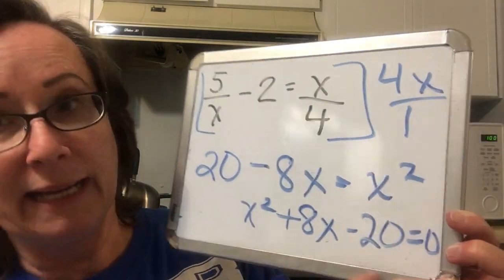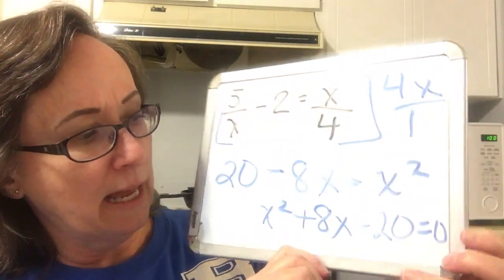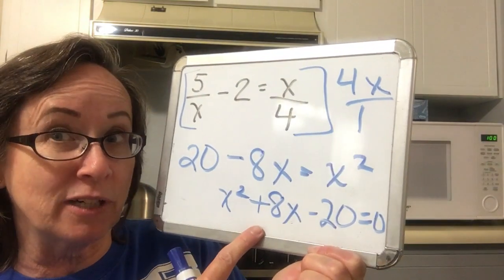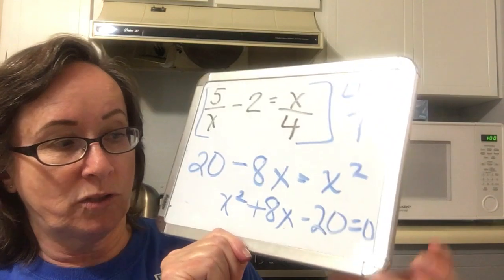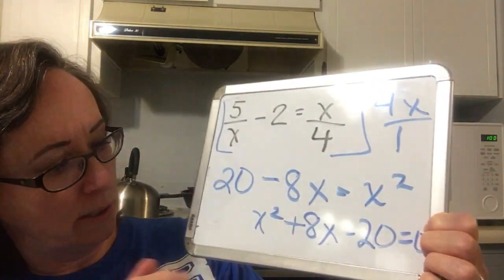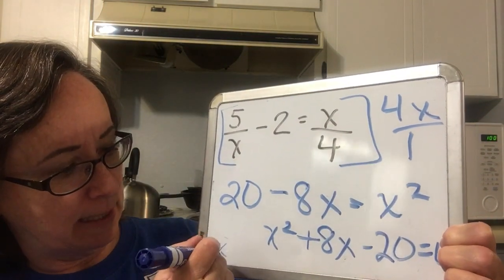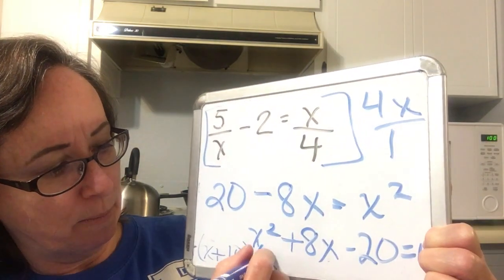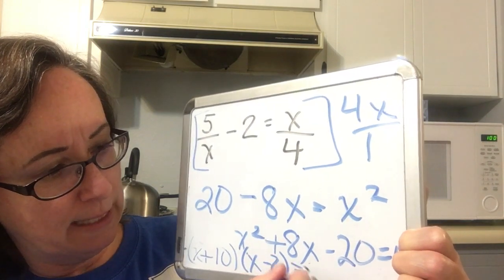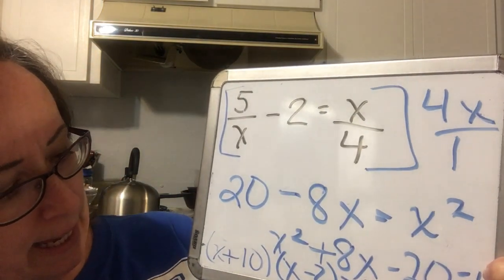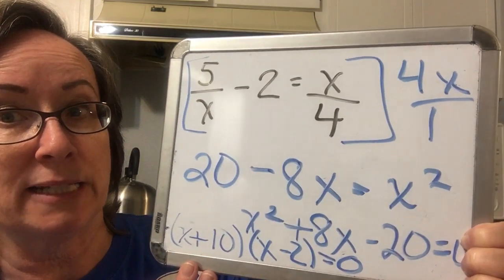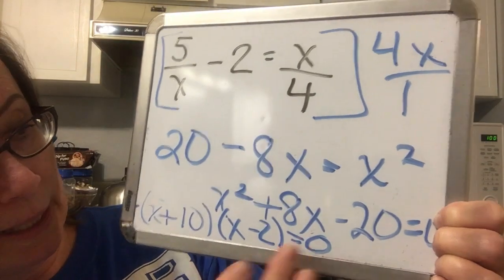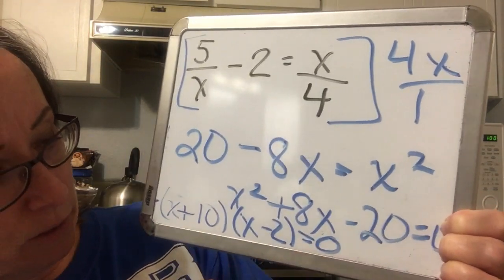Okay, so now I need to factor this. I'm looking for a product of 20, but a difference of 8. So I'm going to choose 10 and 2, and my factors will be x plus 10, x minus 2, equals 0. When I FOIL it, I do get my equation.